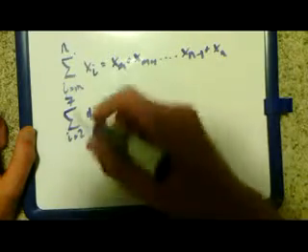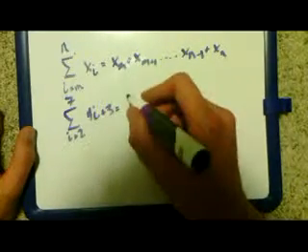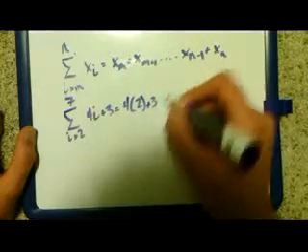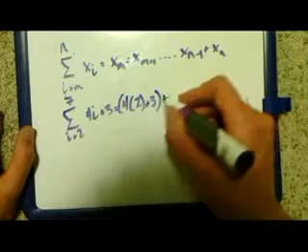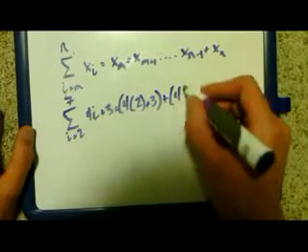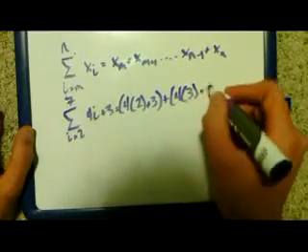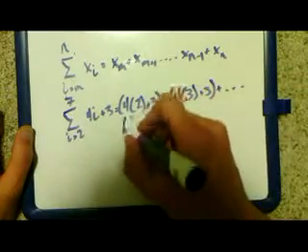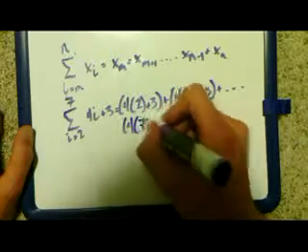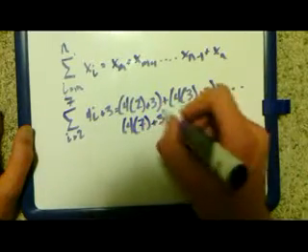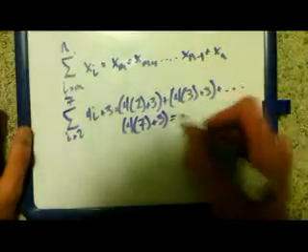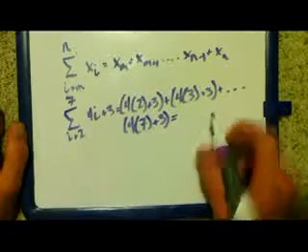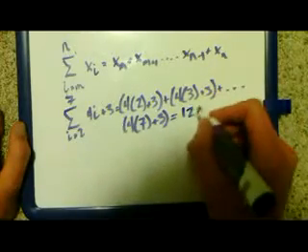Alright, so if we were to go through this, it'd be 4 of 2 plus 3, plus 4 of 3 plus 3, plus, and then all the way up to 4 of 7 plus 3. And if you were to tally all of those up, it will eventually equal 126.